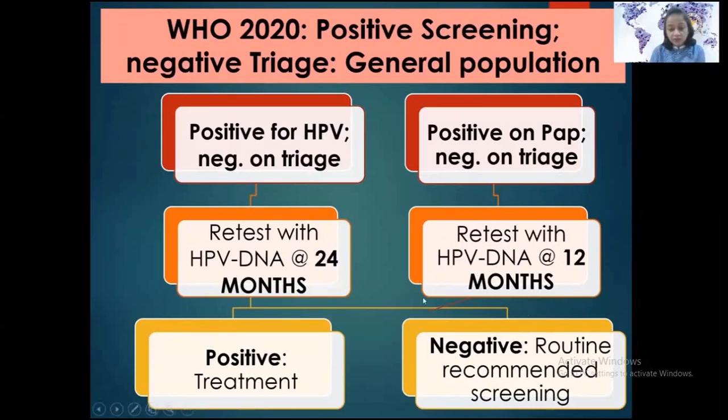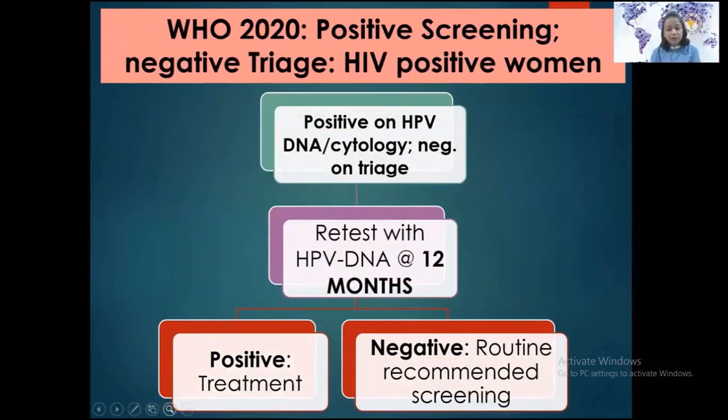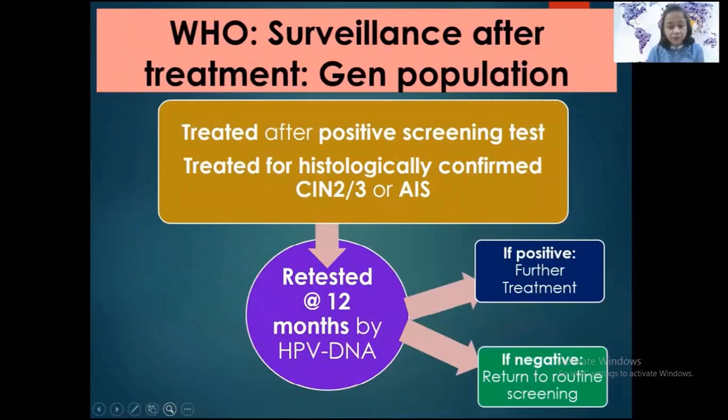And if any of these comes to be positive, then the female has to be provided treatment. Similarly, for HIV positive women, WHO recommends, irrespective of the primary screening test, whether it was HPV or cytology, retesting has to be done at a 12 month interval.